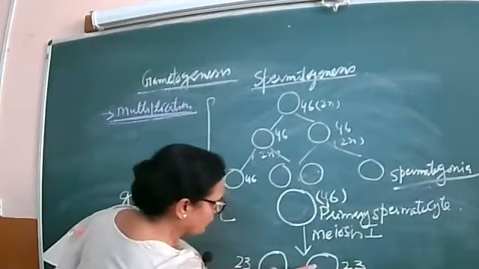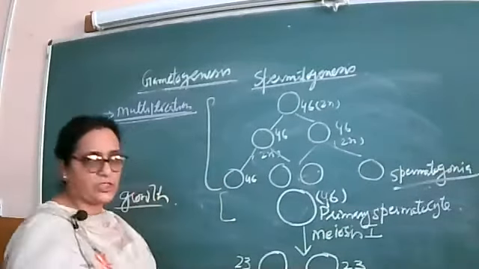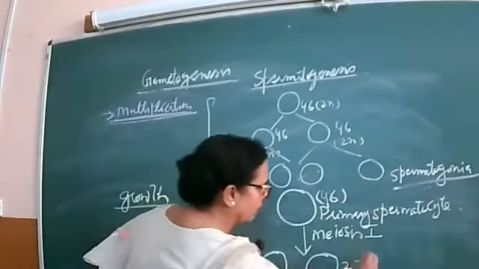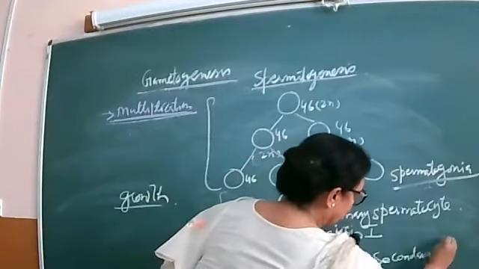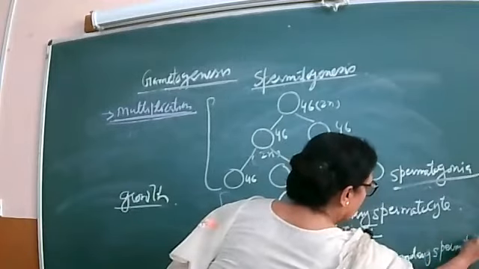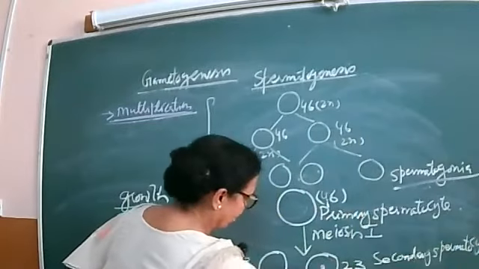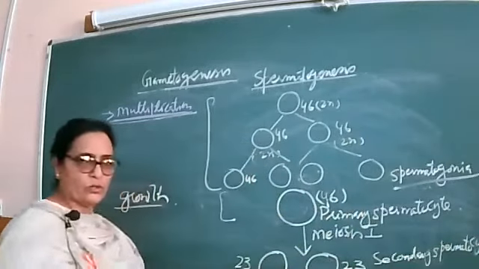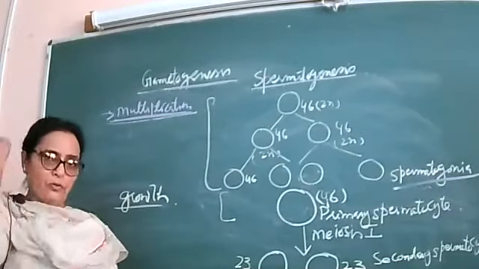And these two cells which are formed are named secondary spermatocytes. This was primary, this is secondary spermatocyte, right? Now when the secondary spermatocyte undergoes meiosis 2, four cells will be formed.